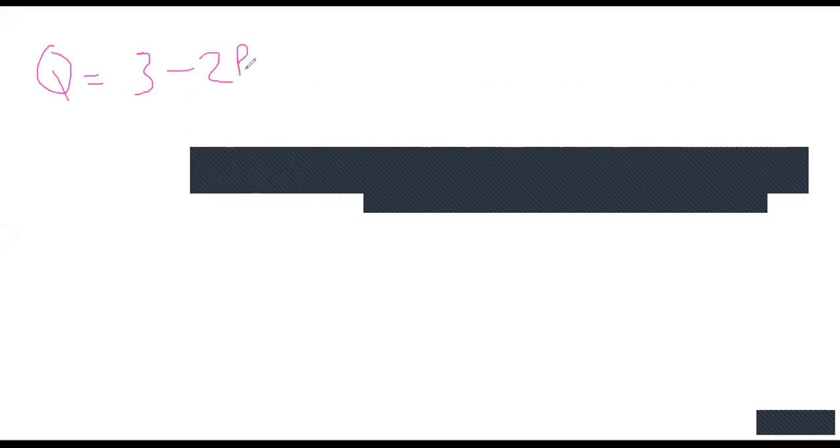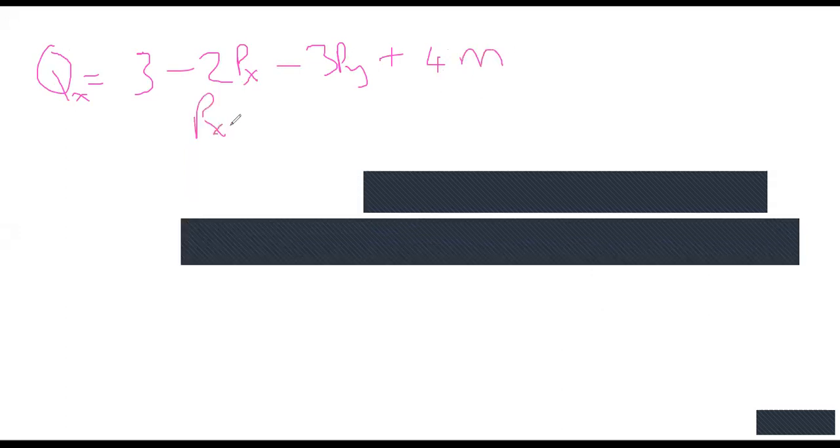Now let me do a function for you, then we go to the exam question. If you have Q equal to 3 minus 2Px minus 3Py plus 4M, and we're given that the price of X is 1 kwacha, price of Y is 2 kwacha, and income is 5 kwacha, calculate the quantity.